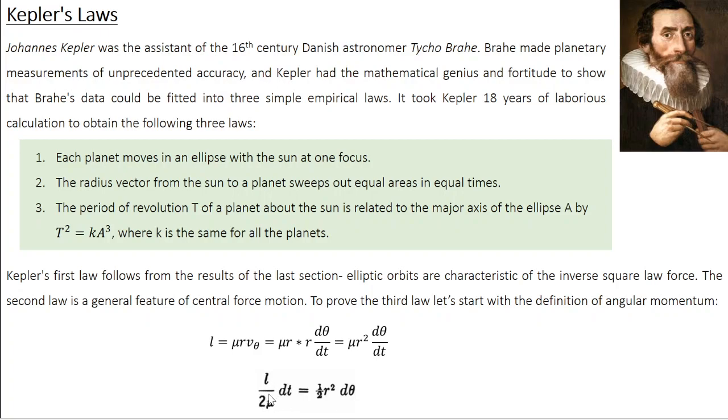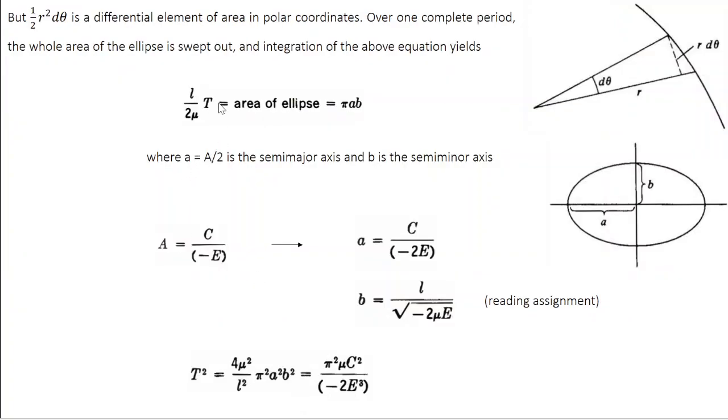So on the left hand side, you have L by 2 mu into capital T. In one complete cycle, the entire area of the ellipse is going to be swept out. So on the right hand side, you have the total area of the ellipse. If A is the semi-major axis and B is the semi-minor axis, then the area of the ellipse is given by pi into A into B. So L by 2 mu into capital T equals pi A B.